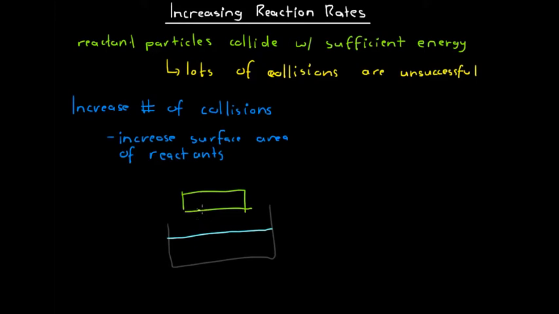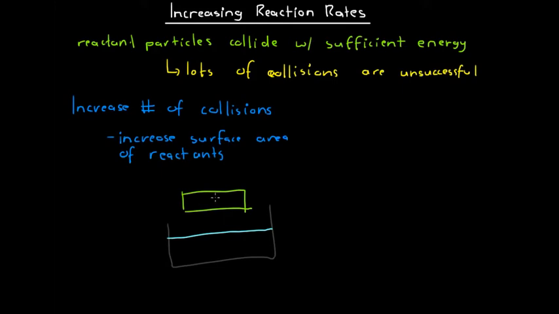However, if we increase the surface area of our metal, if we maybe grind our metal down into a powder rather than dropping a big block in, then our reaction will occur faster. Now why is that? Well, if we leave our metal as a big block like this, then collisions between reactant particles can only occur on the surface of the block.